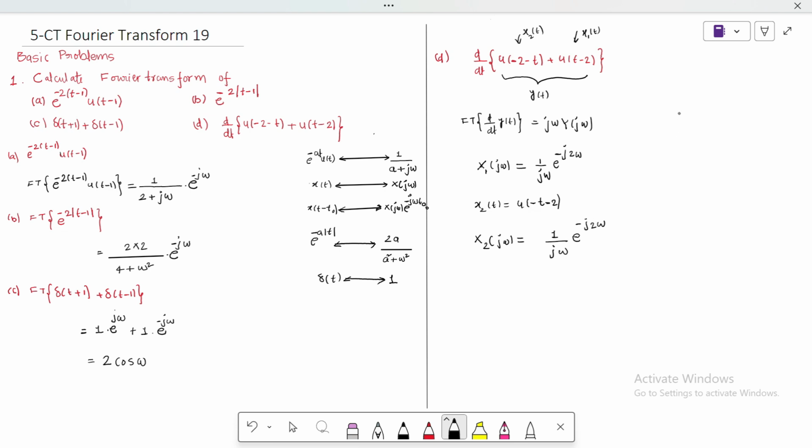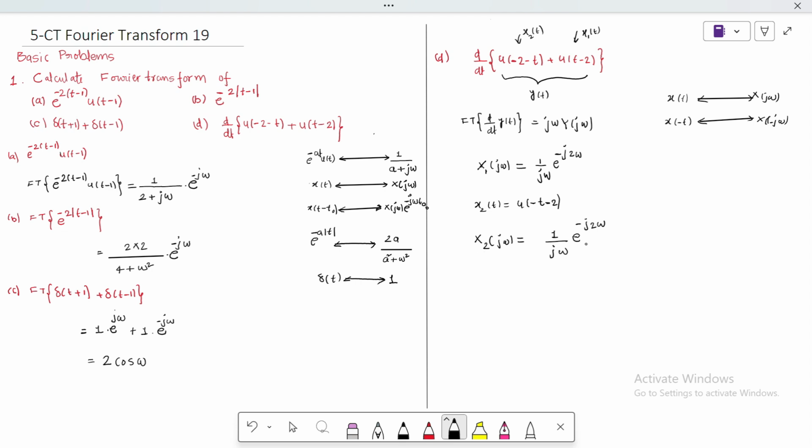Then apply the time reversal. What is the time reversal property? For example, if the Fourier transform of x of t is X of j omega, then for x of minus t, just replace the omega by minus omega. That is the only difference.